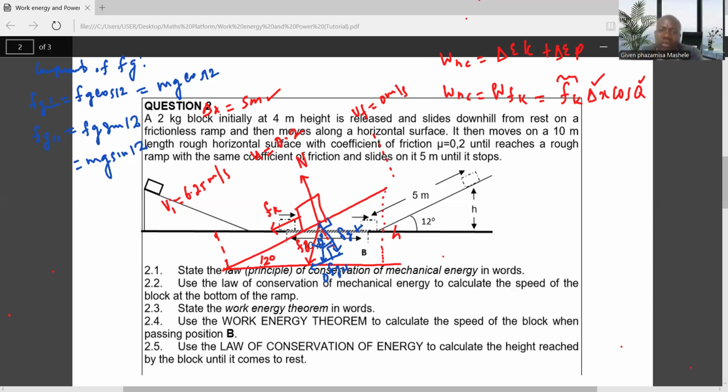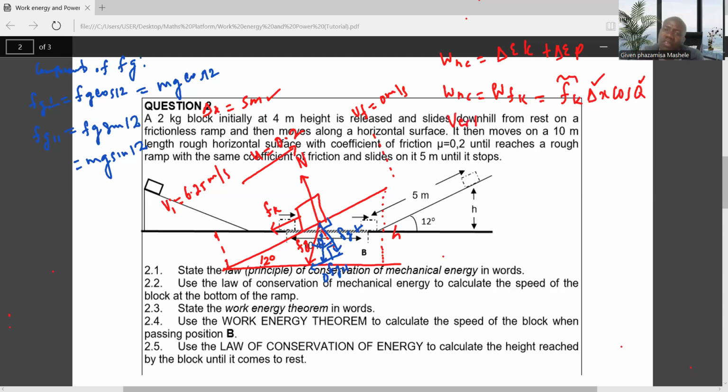Now, what do we want? Remember we want to get Fk, and Fk is mu k times the normal. So you have to get the normal force. The normal force is the perpendicular force on the object. Since the object is moving along the incline, normal force and Fg perpendicular are in equilibrium.